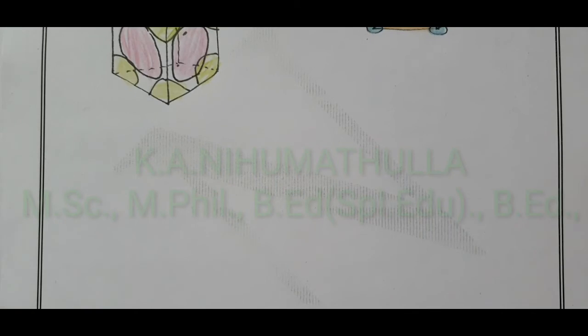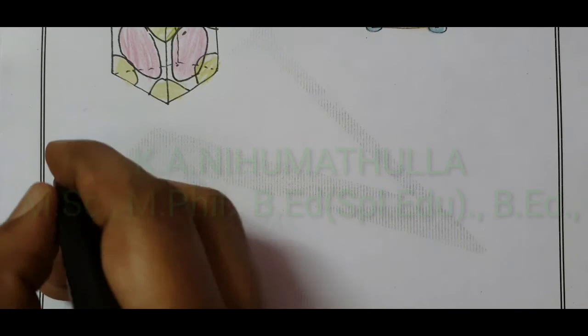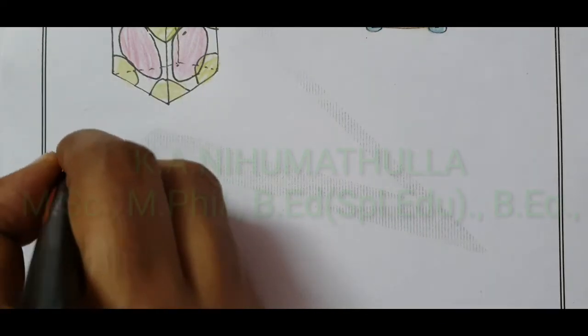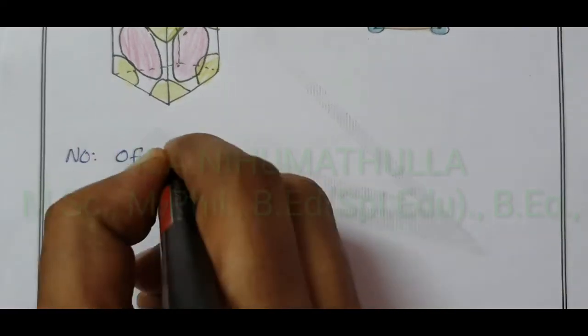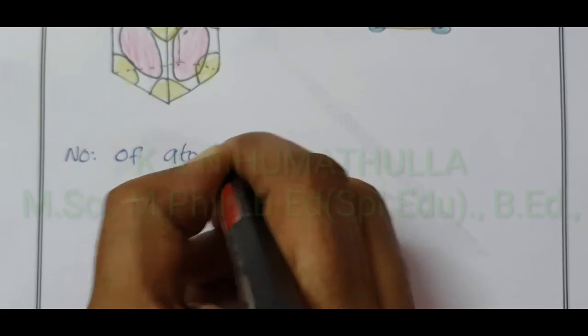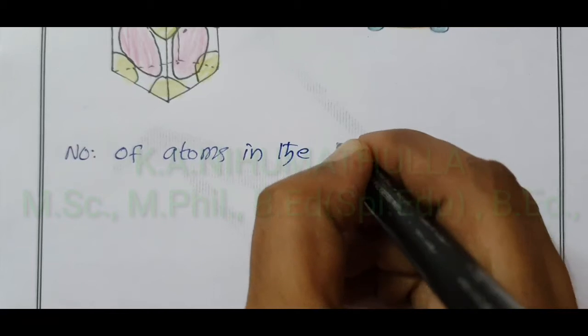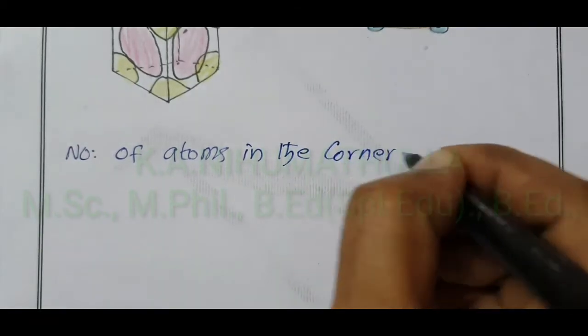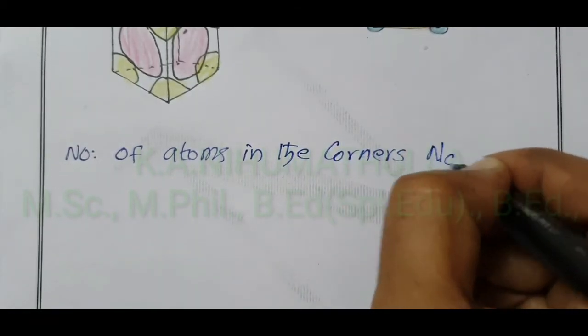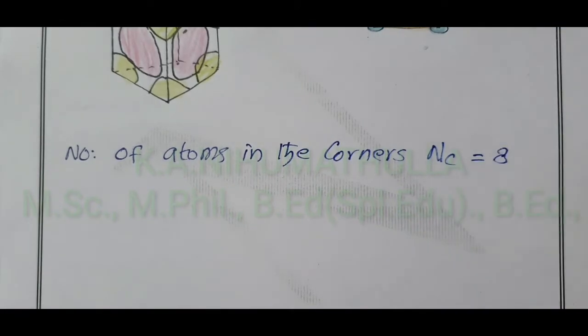Number of atoms in the corner, given by the symbol NC, is equal to 8.